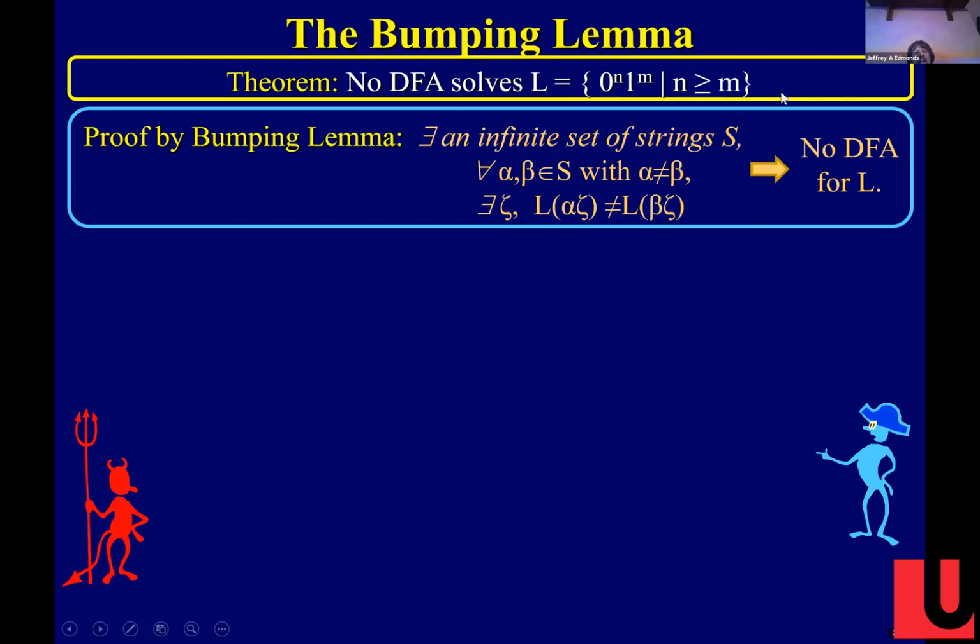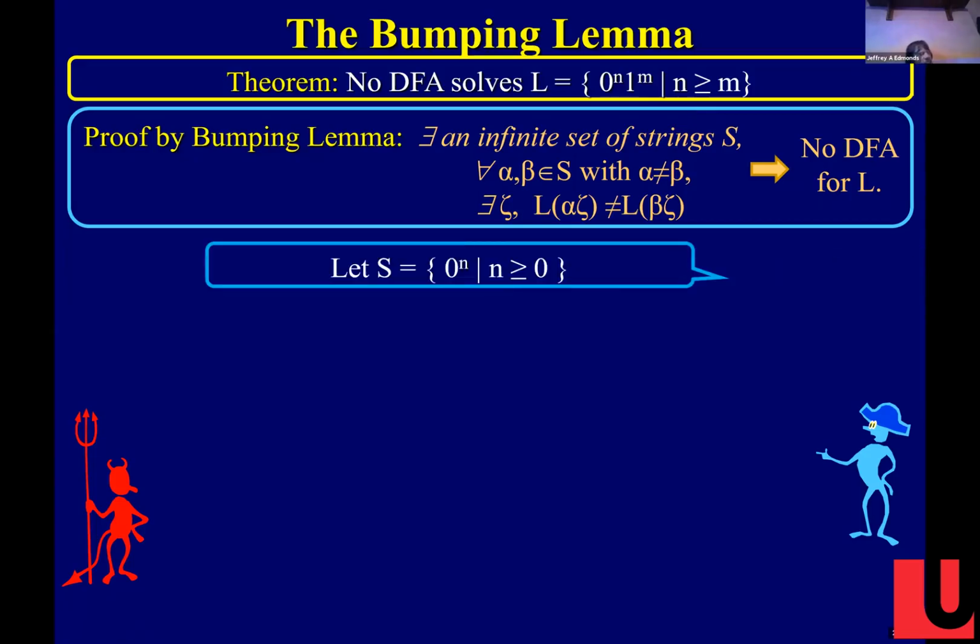I have to come up with the set S. Well, the set S we had before was pretty nice. Let's do it again. Let's just have the first names be just zeros. And so I claim any number of zeros are going to be distinguished, right? So the first name is just some number of zeros.